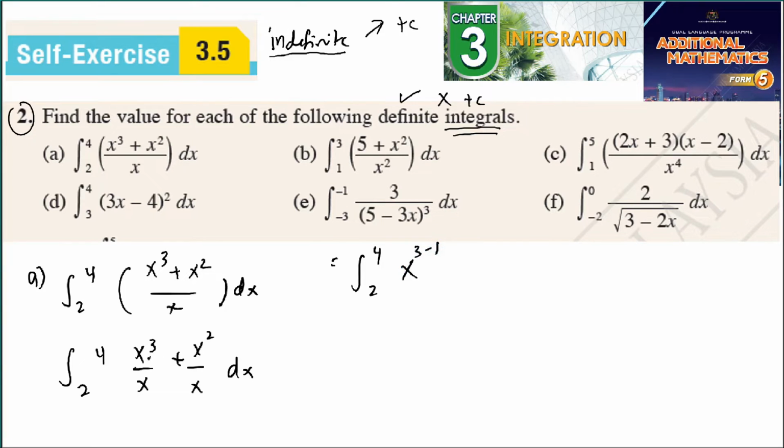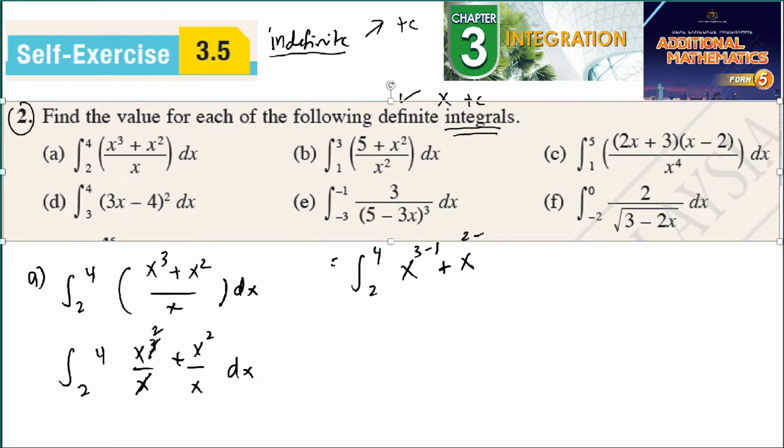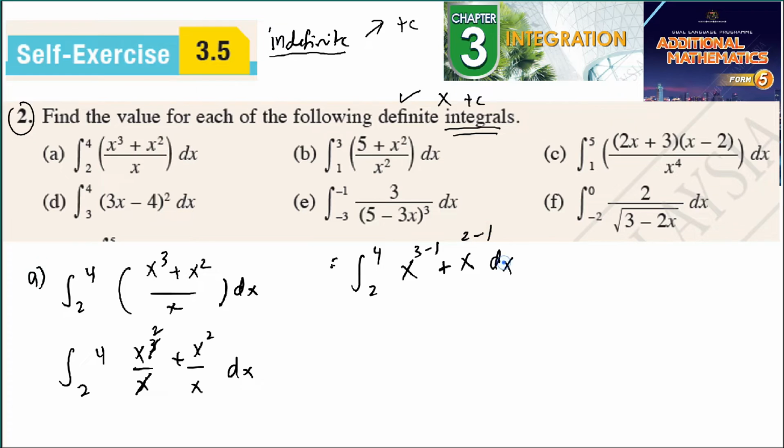Or you can cancel out directly, you get x squared. And this one is plus x squared divided by x, which is x to the power 2 minus 1, so the x here. So you have the integral from 2 to 4 of x squared plus x dx.